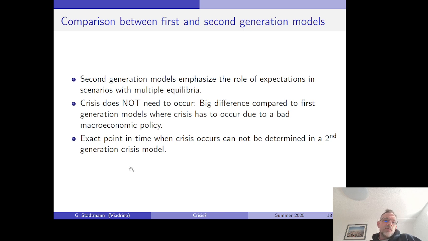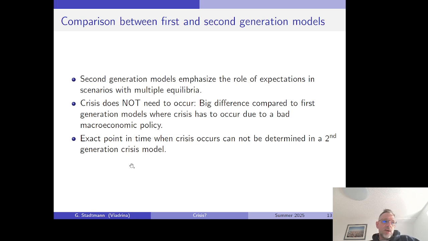So, a second generation crisis model emphasizes the role of expectations in scenarios with multiple equilibria. The crisis does not need to occur, and this is a big difference compared to a first generation crisis model, where the crisis has to occur because a bad macroeconomic policy is in place.